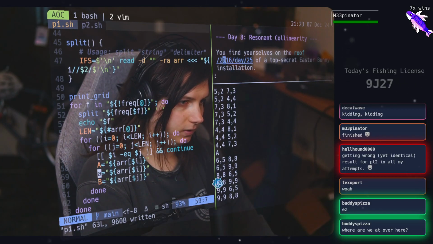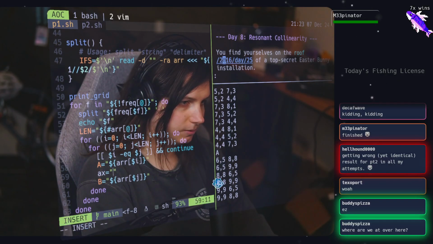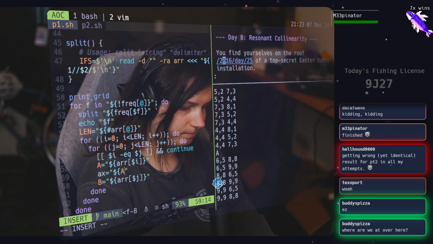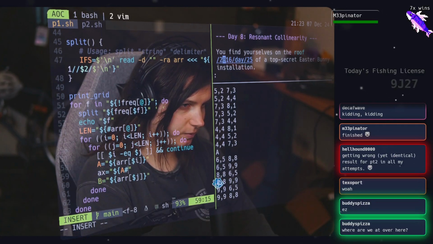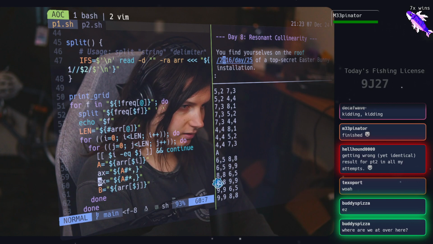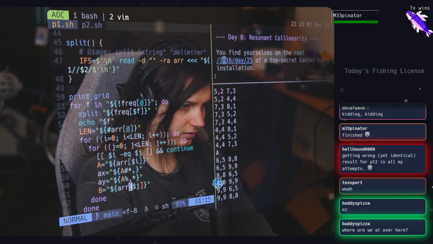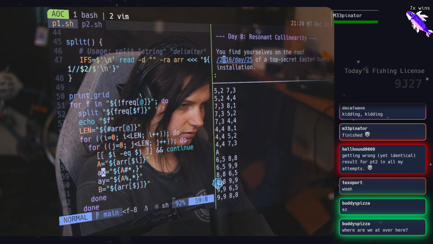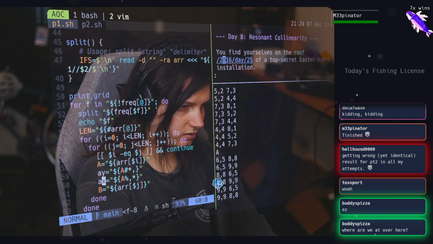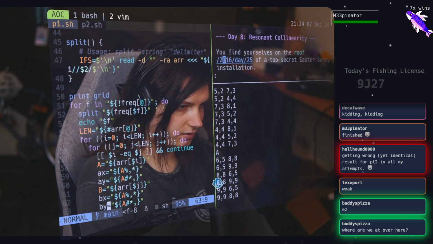Let's see. AX equals A, remove from the front star comma. AY equals from the back comma star. Is that the backwards? Yeah, AY AX, BX.